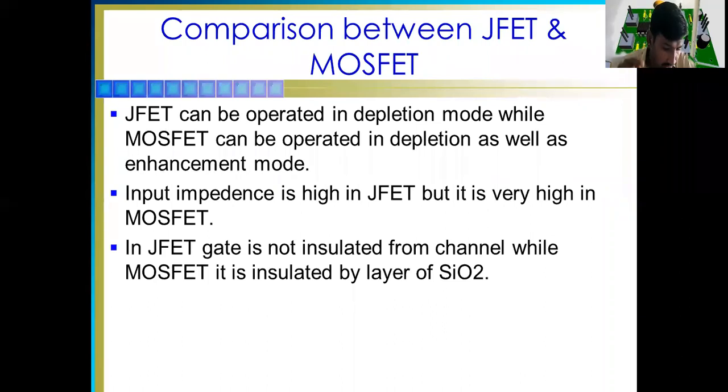Now, the input resistance of FET is very high, right? Is that an advantage or disadvantage? Advantage, sir. Very good. If the input resistance is high, then the input impedance is very good. The input resistance is low in BJT, in the range of kilo ohms, and in FET the range is mega ohms.